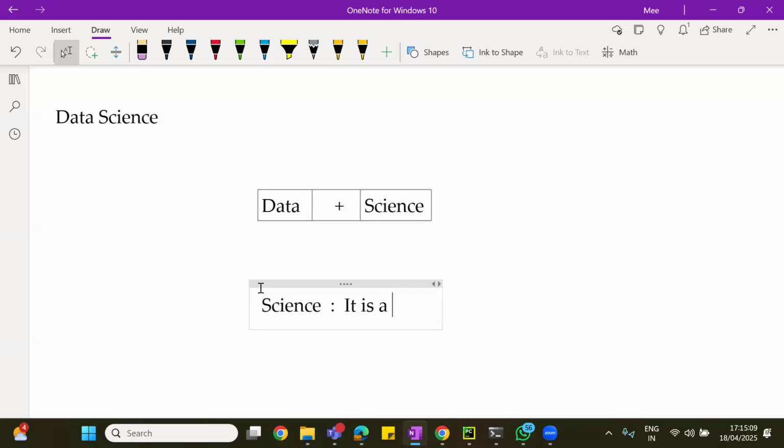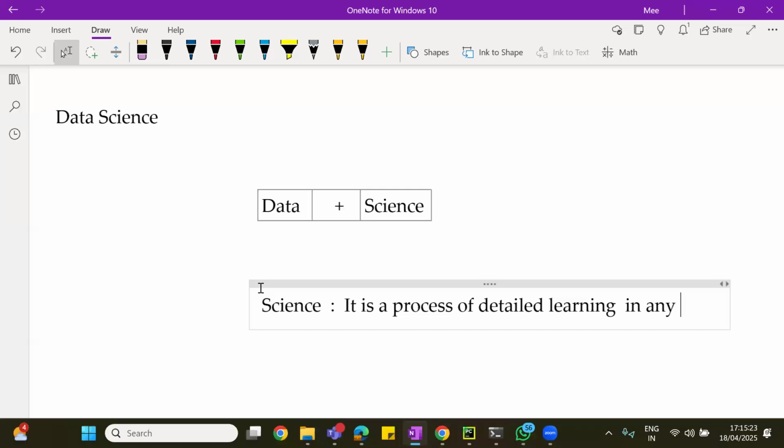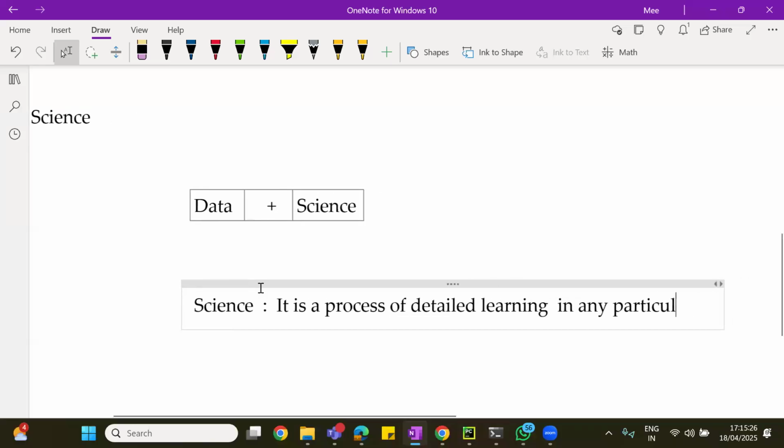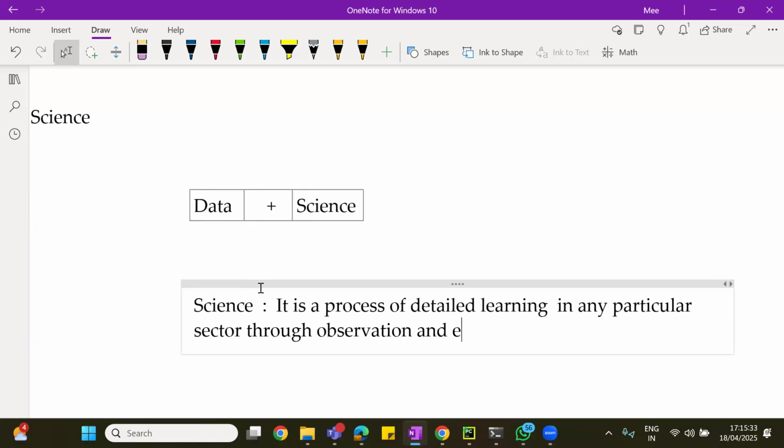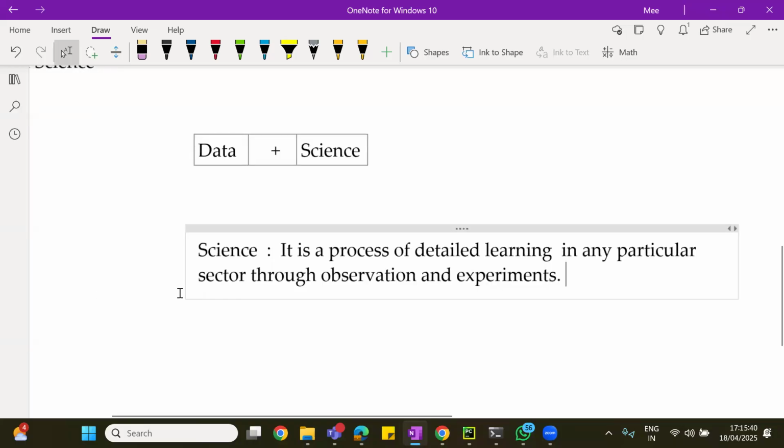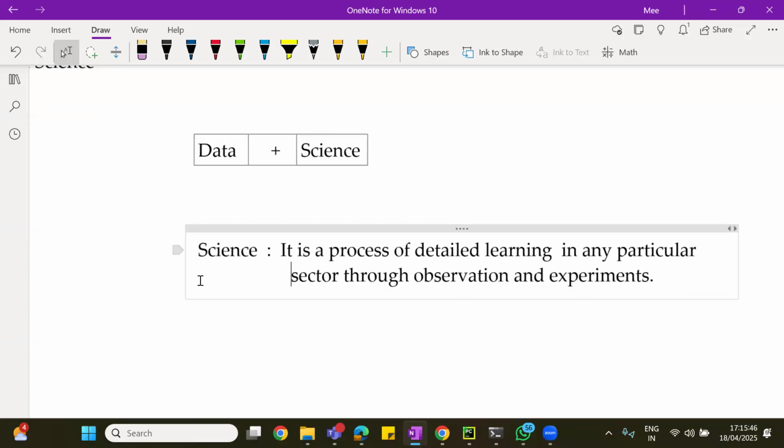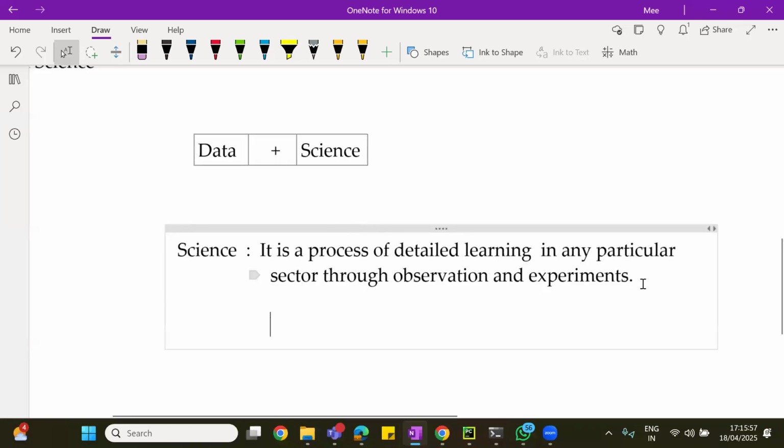It is a process of detailed learning in any particular sector through observations and experiments. Now I will give some examples also, then you will be satisfied with this definition.